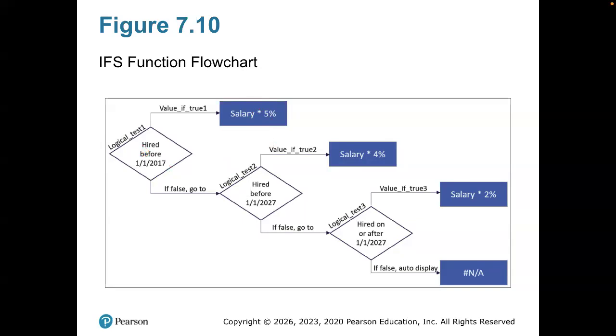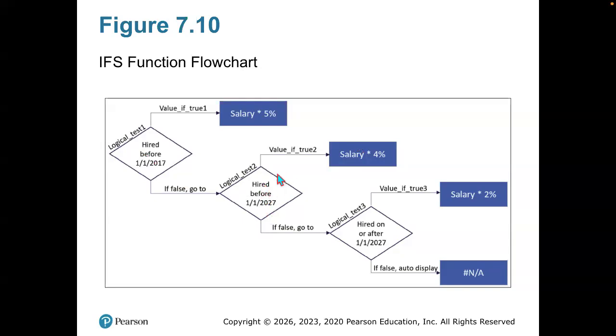But IFS is going to go one step further than that. It's going to now test a second condition. It's going to say, okay, you weren't hired before January 1st, 2017, but let's test now if you're hired before January 1st, 2027. If that one is true, then your salary only increases by 4%.